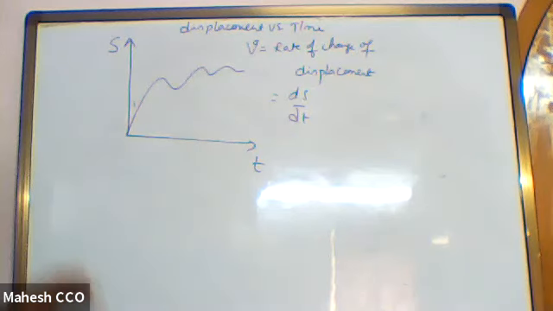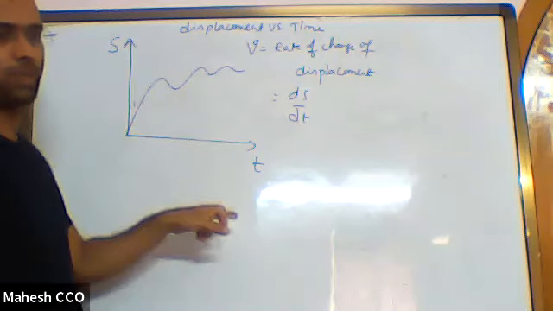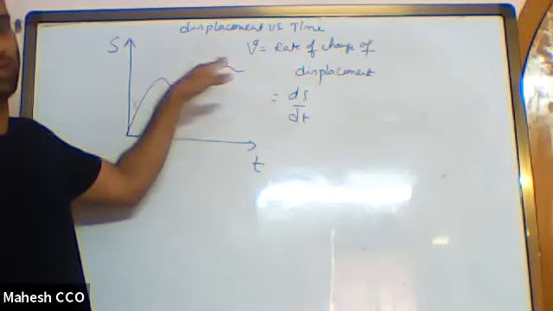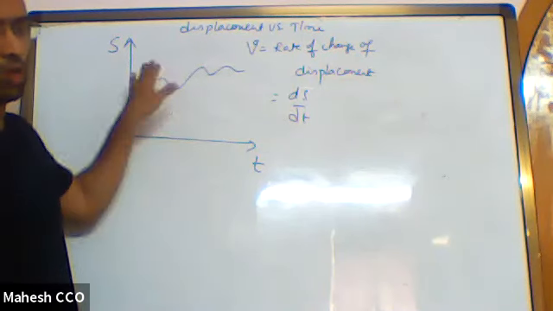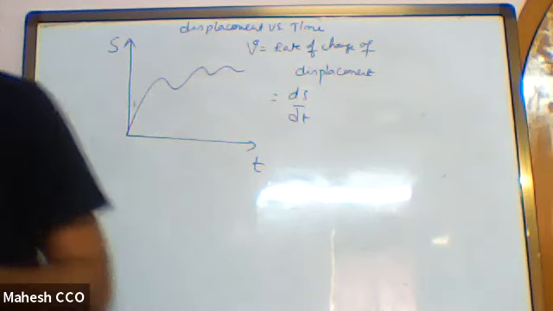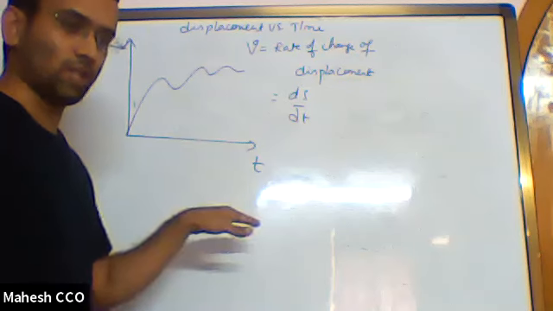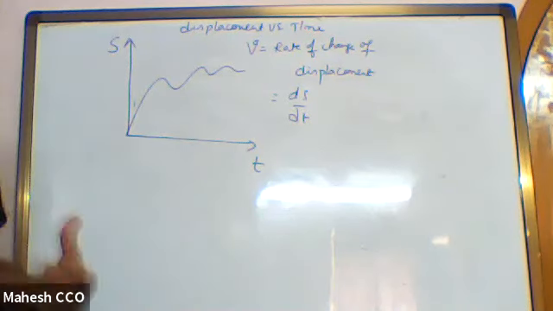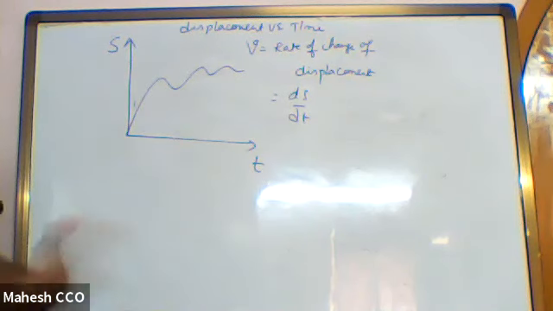But the point is, if you have dy by dx, this should be y, this should be x only, then the slope of the tangent will be dy by dx. If this is s, this is t, the slope of the tangent will be equal to ds by dt. If an s versus t graph is given, the slope of the tangent gives you the magnitude of velocity, or simply velocity, because it's only one dimension.